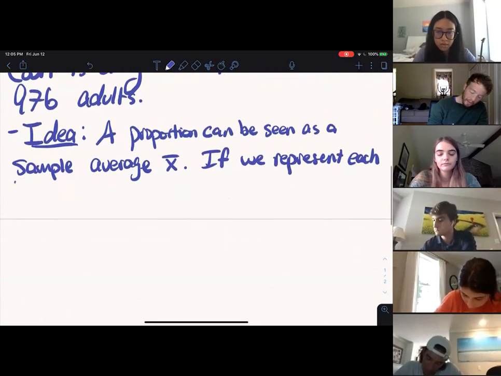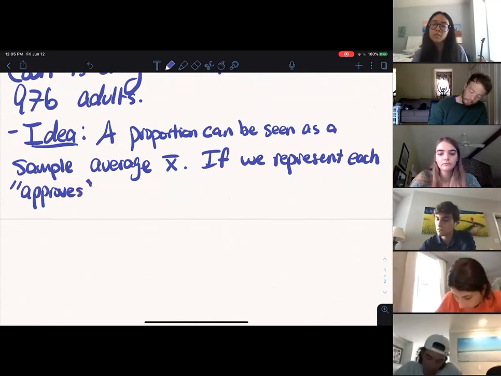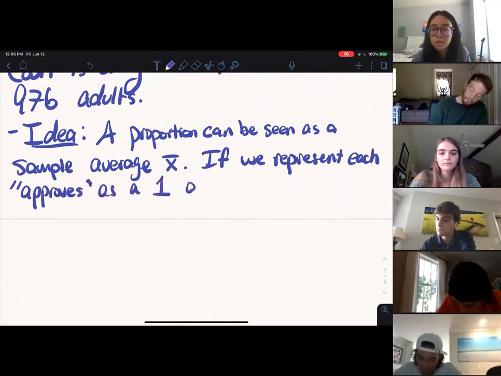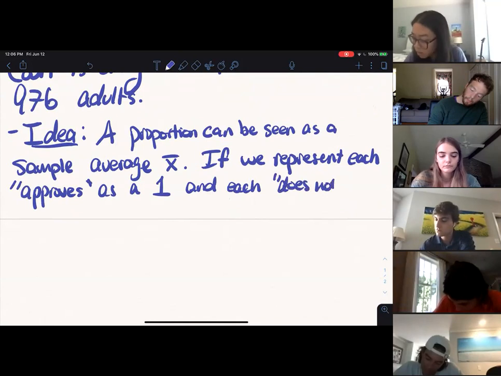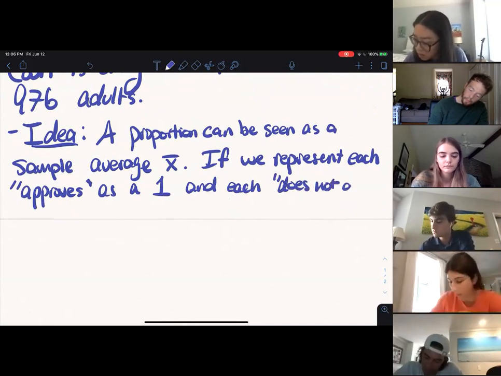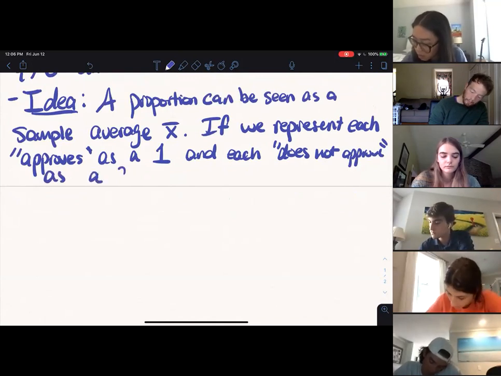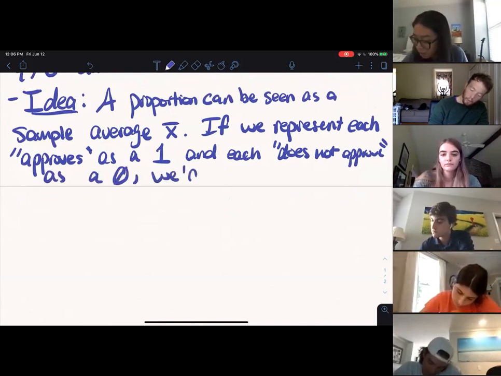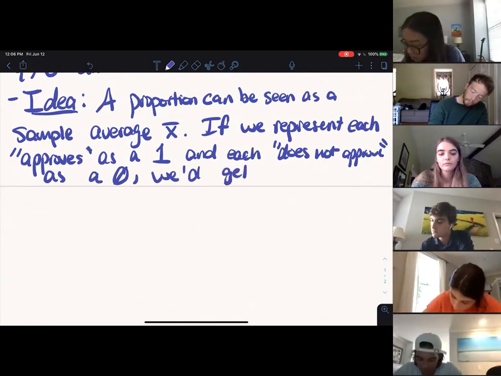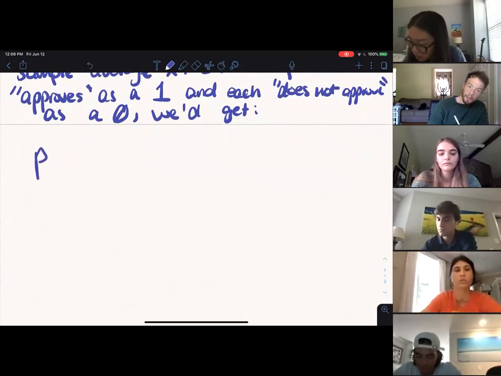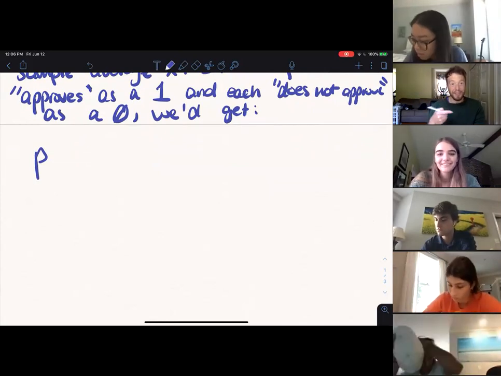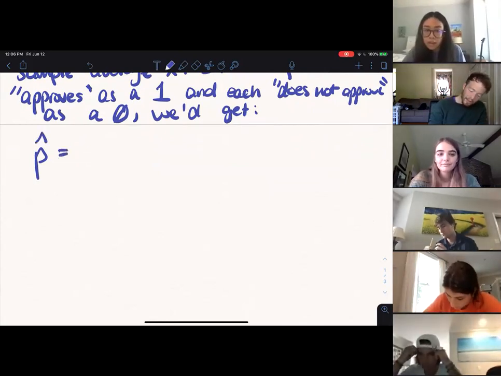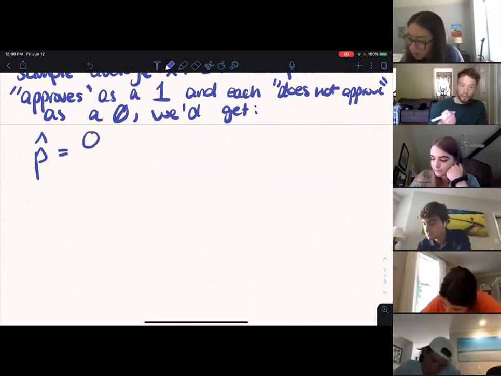each response, each person that says they approve of the job the Supreme Court is doing, as a 1, and each does not approve as a 0, we'd get that the sample proportion, so the proportion of people that we observe as saying they approve in our sample, is equal to, well, the first person maybe said they disapprove, so I'll encode that as a 0.